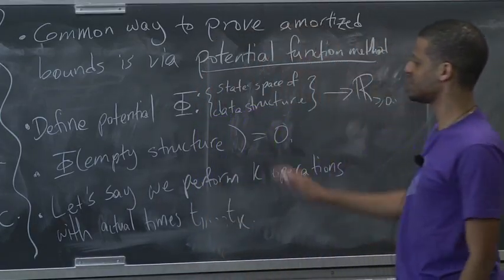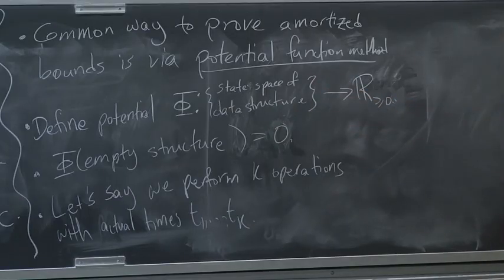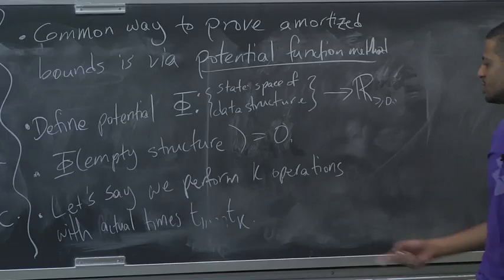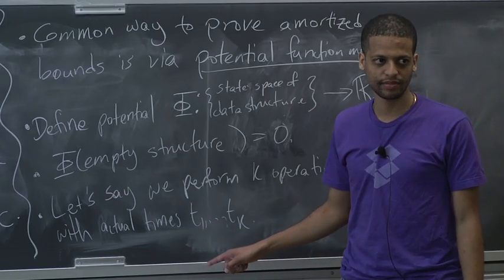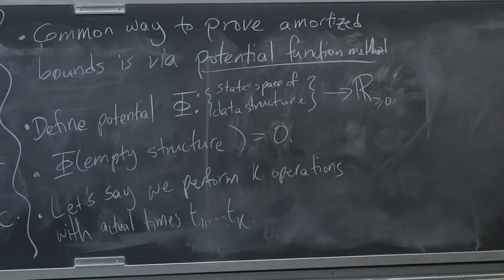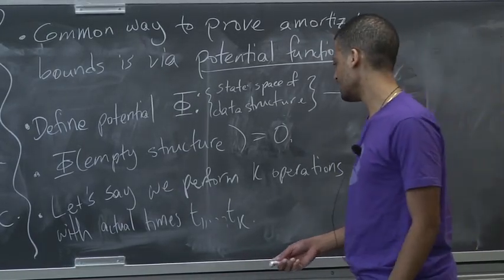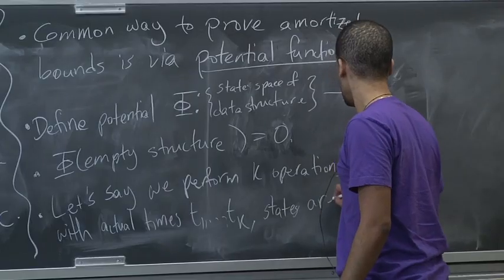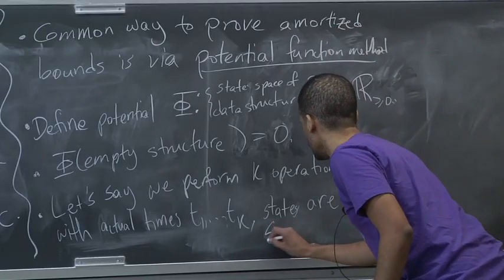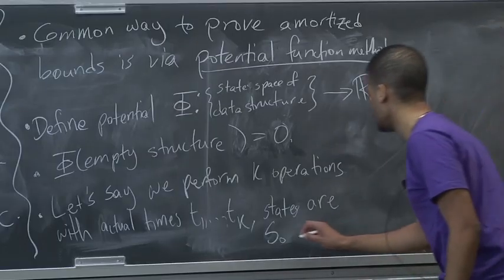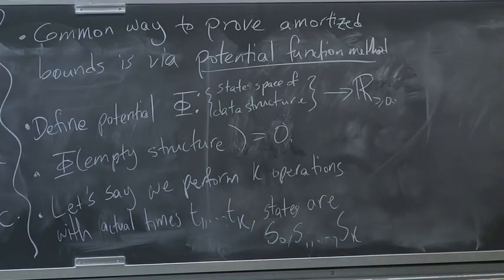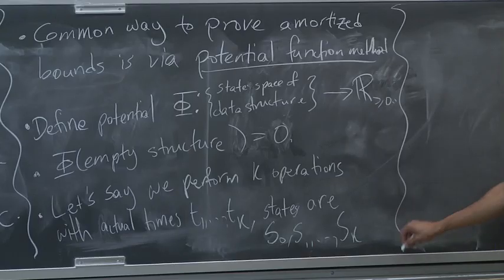Here I don't mean we support k different types of operations. I mean, suppose we actually have a sequence of operations on our data structure, for example k insertions or k searches. The actual running time of the ith operation is Ti. And the states of the data structure are S0 before we start any operation, S1 up to Sk. So Si is the state of the data structure after the ith operation. S0 is before we do anything at all.